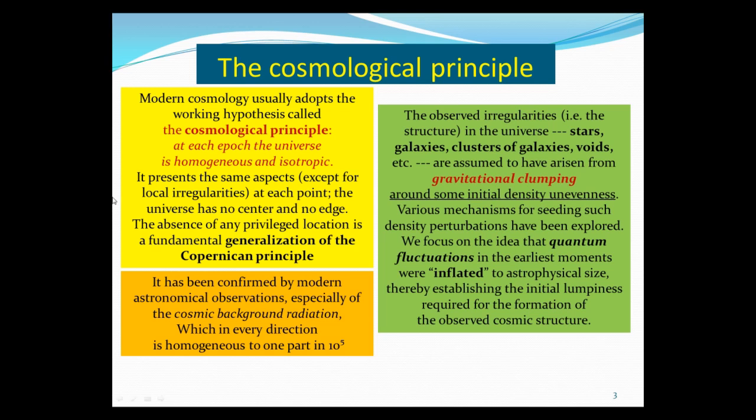So basically, we're assuming a homogeneous isotropic space, but on the side, we assume there's some sort of density perturbation that will generate the initial density unevenness, which eventually will form the seeds of structures in the universe.